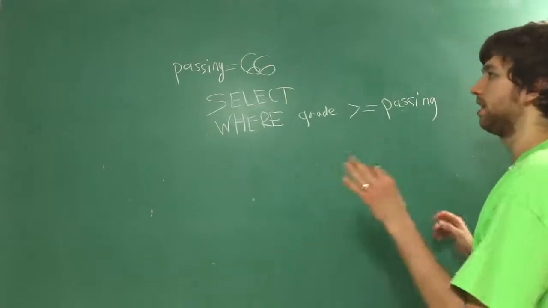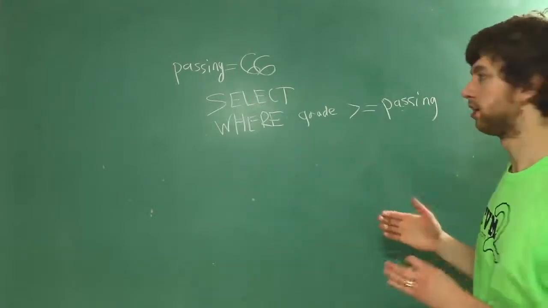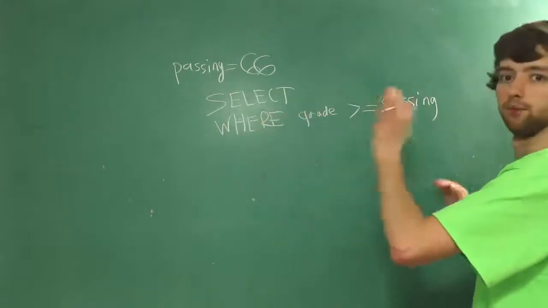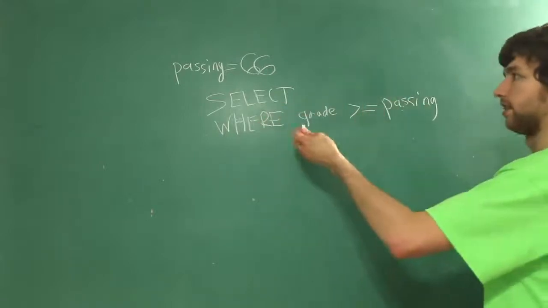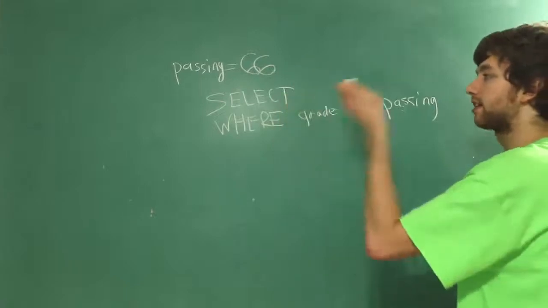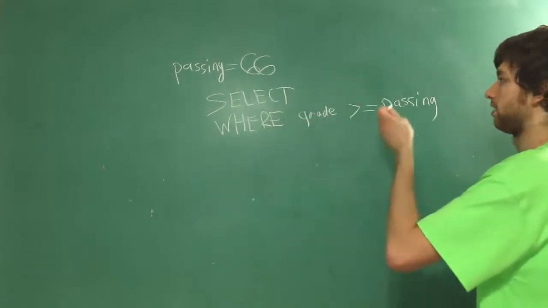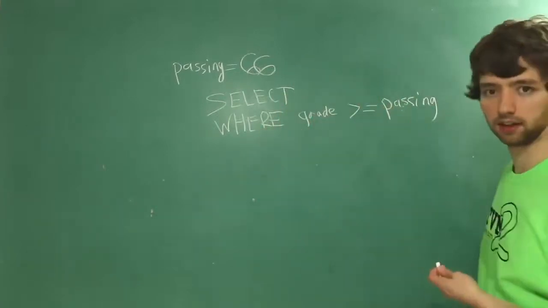Another thing, if you come back 3 years later and you read this, you know exactly what the heck it's talking about. Because if you read it in English, you're selecting everything where the grade is equal or greater than passing.